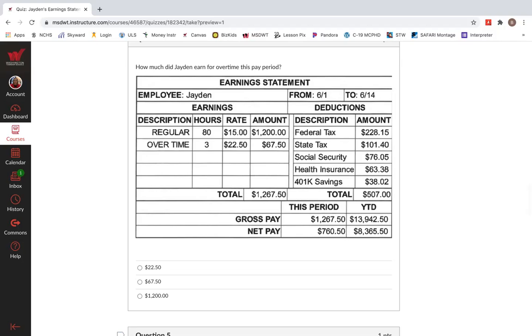How much did he earn for this pay period, which means the whole 2 weeks? Was it $22.50? Was it $67.50? Was it $1,200? So find out what he earned for his 3 hours of overtime total this pay period.